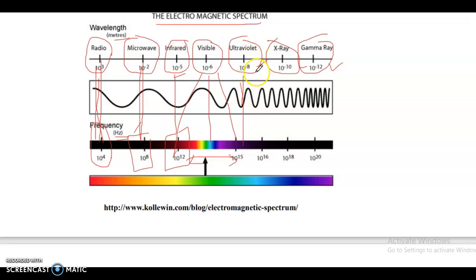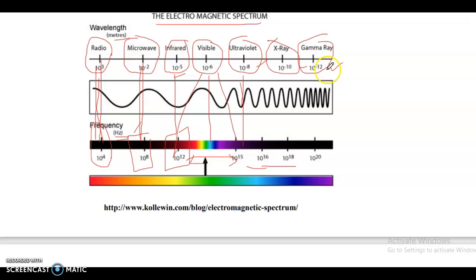Ultraviolet wavelength 10 power minus 8 having frequency 10 power 15 to 10 power 16 hertz. X-ray having wavelength 10 power minus 10 meters, in between 10 power 16 to 10 power 18.